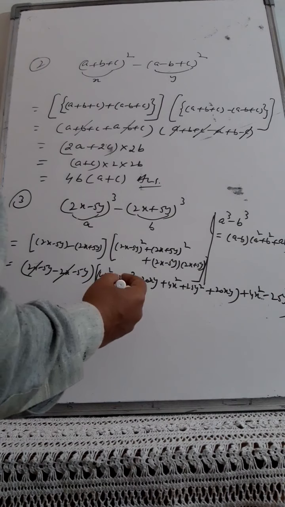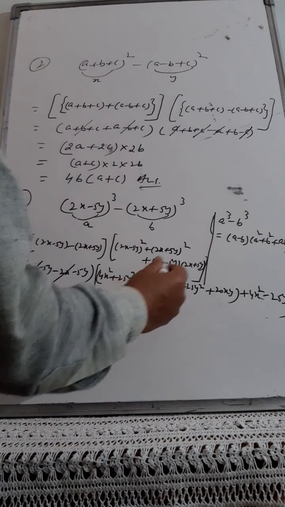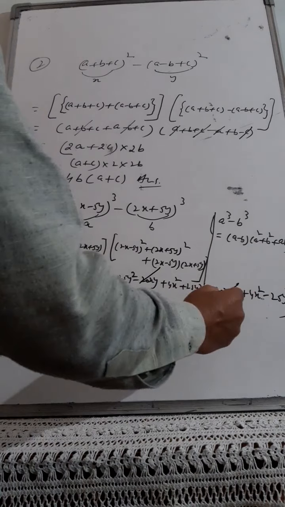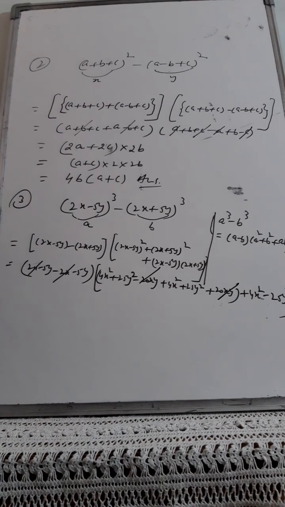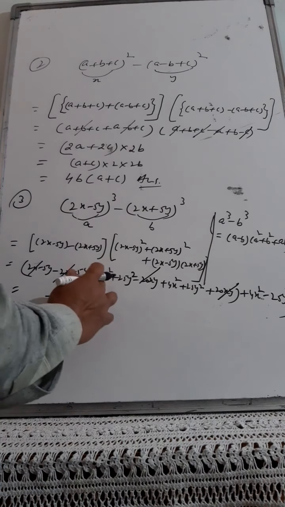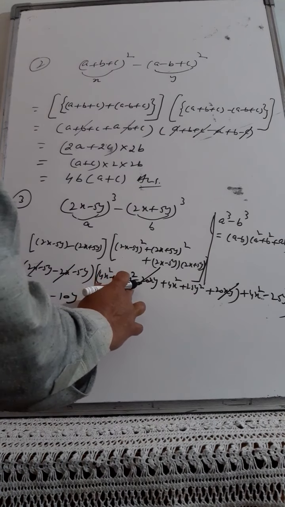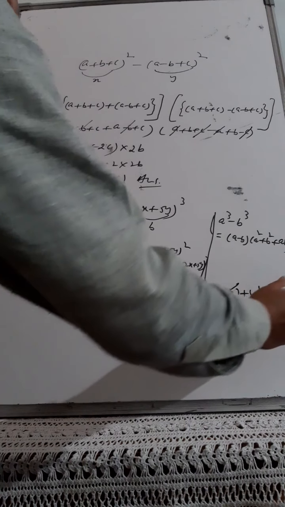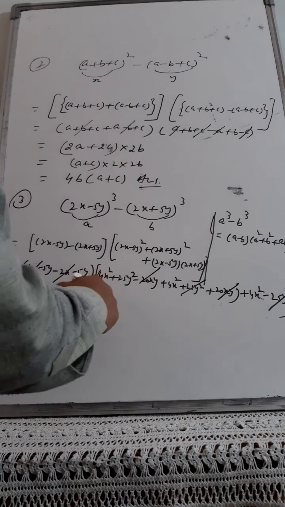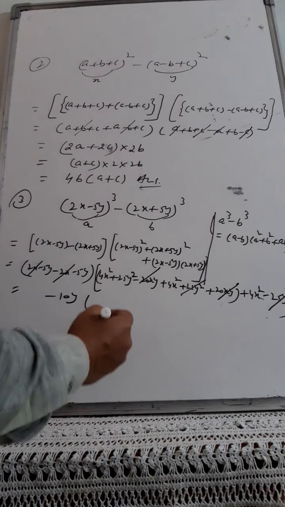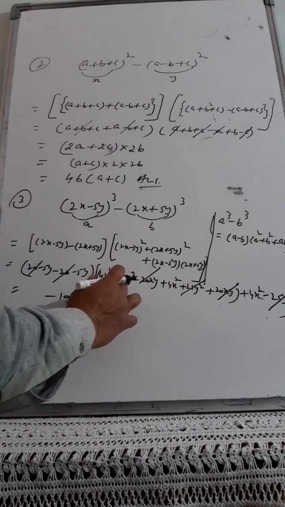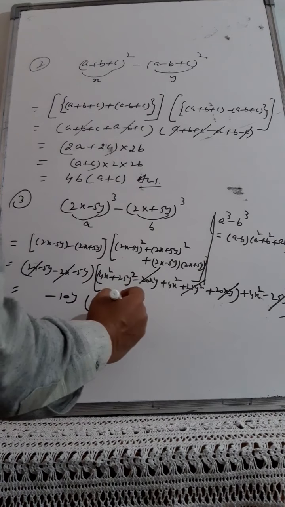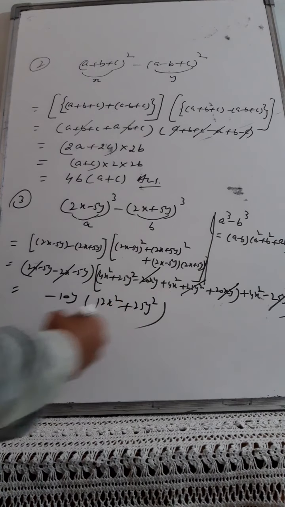So here what you can do is 20xy and 20xy is gone. Then finally here you are left with minus 10y into (4x square plus y square). If you want to cancel again 25y square and 25y square, you can cancel here. So 4 plus 4 plus 4 is your 12x square, and 25 is left here plus your 25y square there.